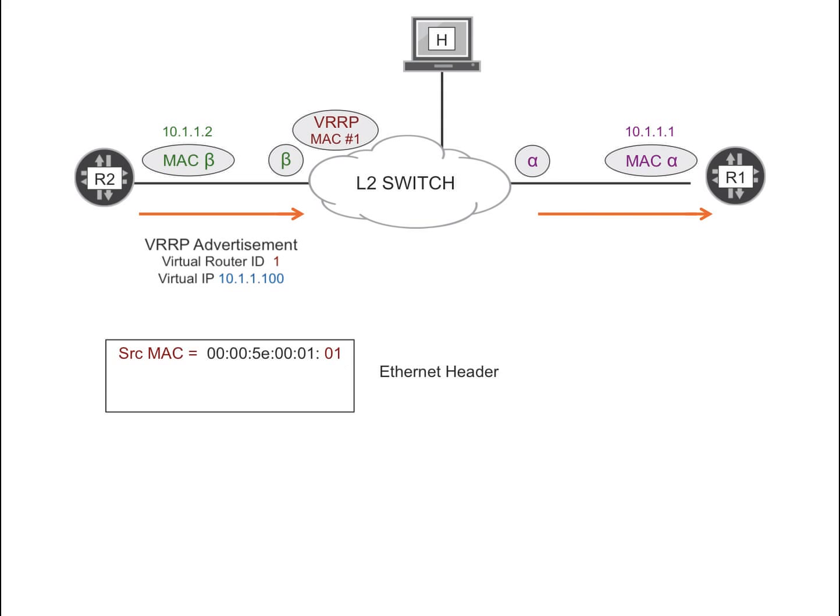Note that it's a unicast MAC address because the first octet is all zeros. The destination MAC address corresponds to 224.0.0.18, the multicast IP address reserved for VRRP control packets. And the rest of the fields are easier to understand.